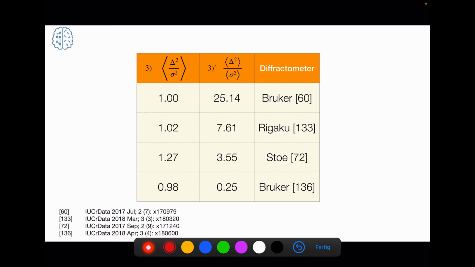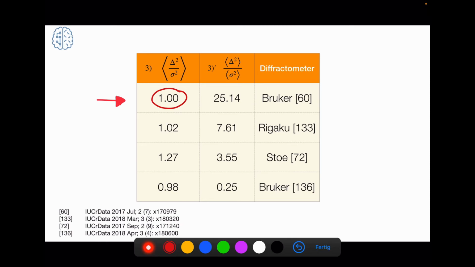Now let's have a look at some numbers from published data. You see in this table in the first column, the mean squared residuals. And in the second column, the mean squared unweighted residuals over the mean squared standard deviations of observed intensities. And in this first example, we see that the mean squared residuals is equal to 1, 0.00 within 2 digits.